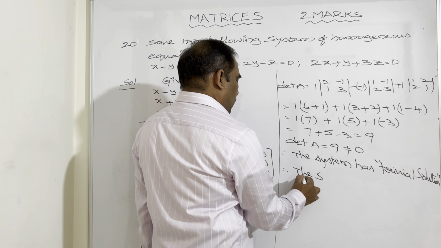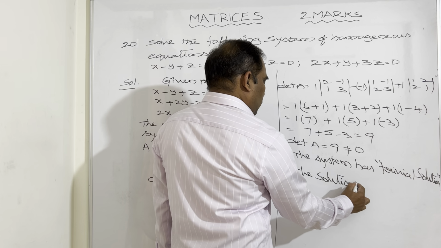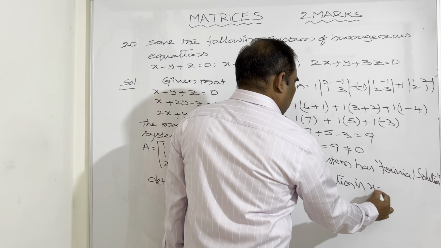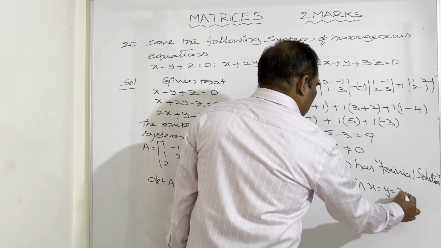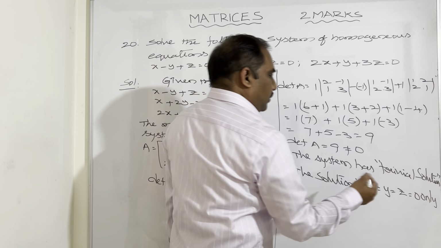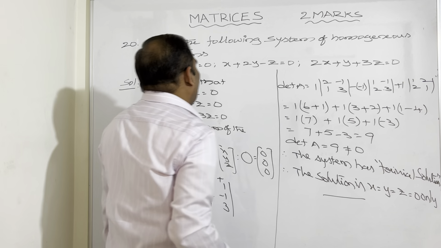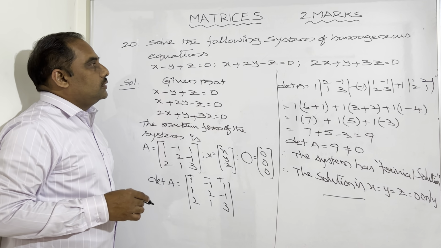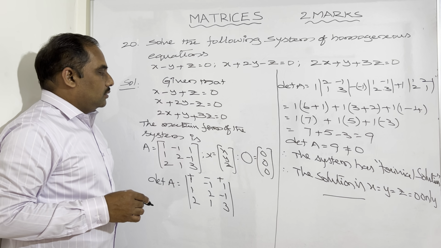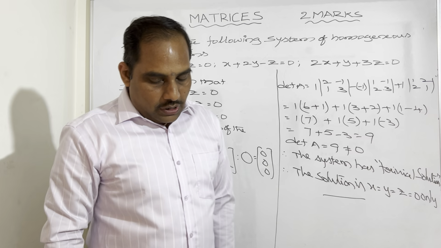The solution is x equal to 0, y equal to 0, z equal to 0 only. Like this, if a homogeneous system of equations is given, we can find the solution of that system.